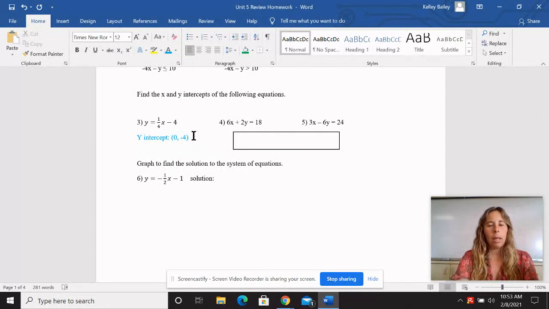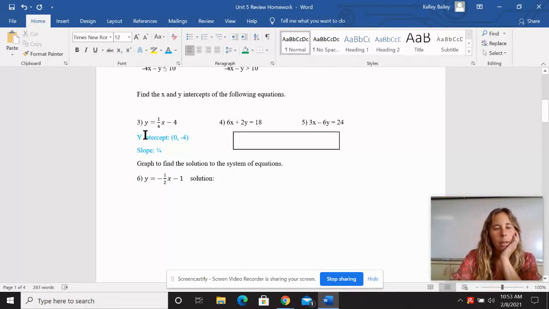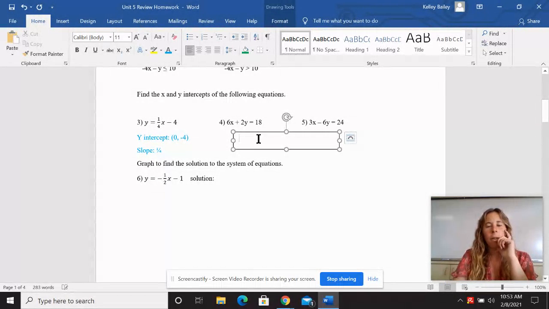And then my slope is what is in front of the x, so that is 1/4. All right, so number 3, they gave them to you, just had to pull them out of the equation. For number 4 and number 5, you're going to substitute in your zeros to find your intercepts.